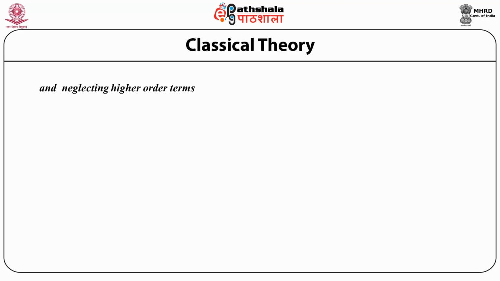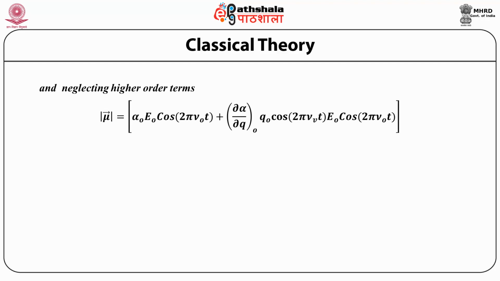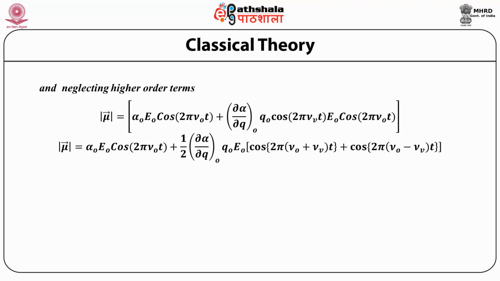Neglecting the higher order terms and concentrating only on the two terms, μ = α0 E0 cos(2π ν0 t) + (∂α/∂Q) Q0 cos(2π ν t) E0 cos(2π ν0 t), which is equal to α0 E0 cos(2π ν0 t). The first term remains the same. The second term can be treated with a little trigonometric relation: half of (∂α/∂Q) Q0 E0 [cos 2π(ν0 + ν)t + cos 2π(ν0 − ν)t].